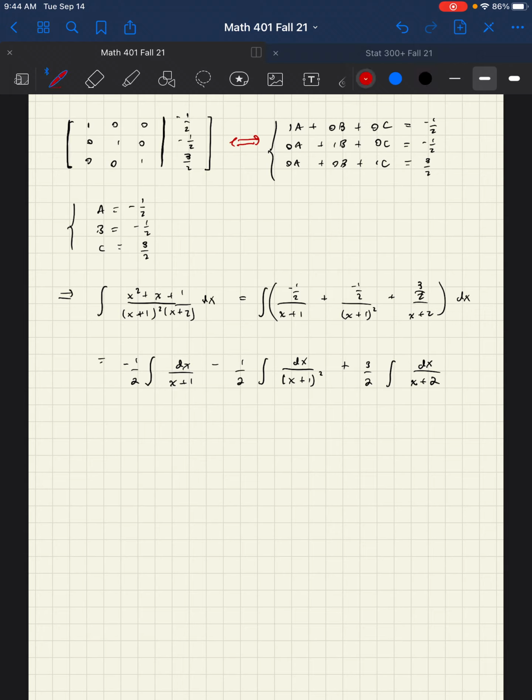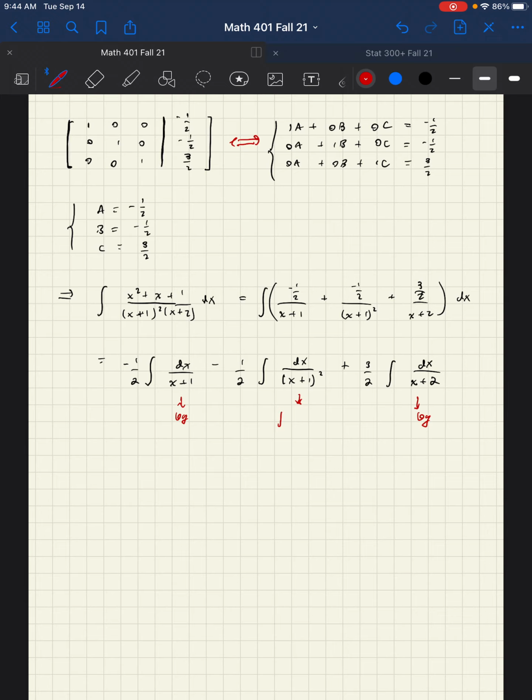Okay, so the first and the last ones, clearly that's going to give us something logarithmic, right? So we're going to get a natural log of whatever's in the denominator: ln of x plus 1, ln of x plus 2, with absolute value bars. This one, though, is just an application of the power rule.